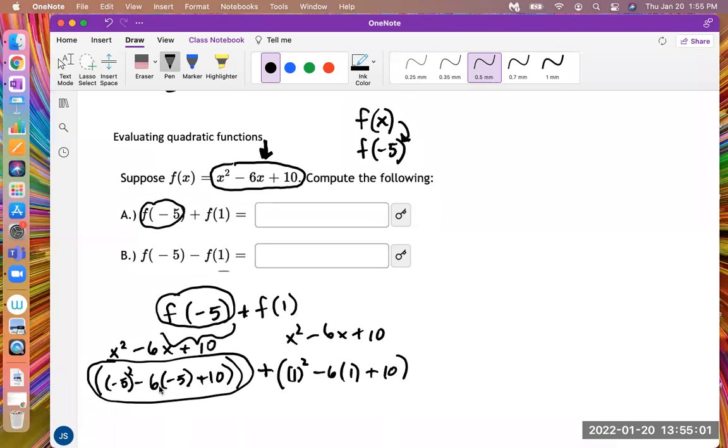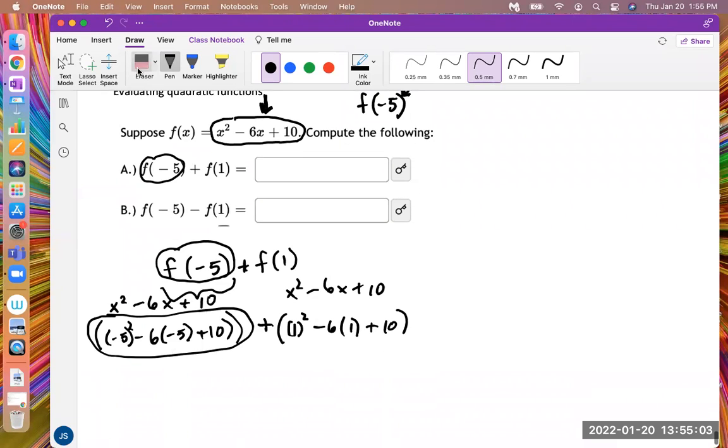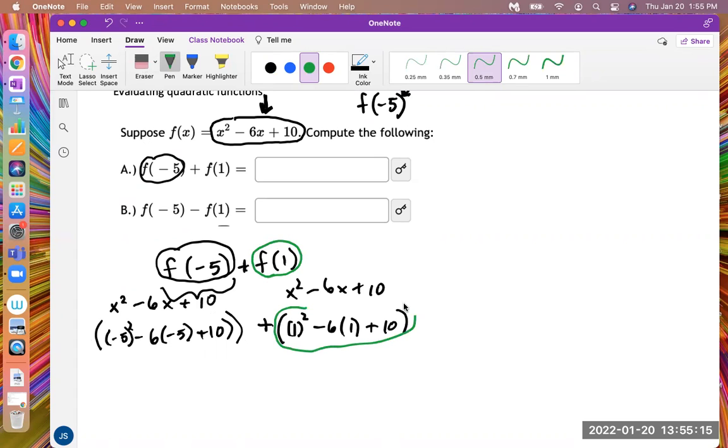And now I just simplify. I just use order of operations and simplify everything. I hope it's fine with you that this got substituted with this stuff, and this got substituted with this stuff.